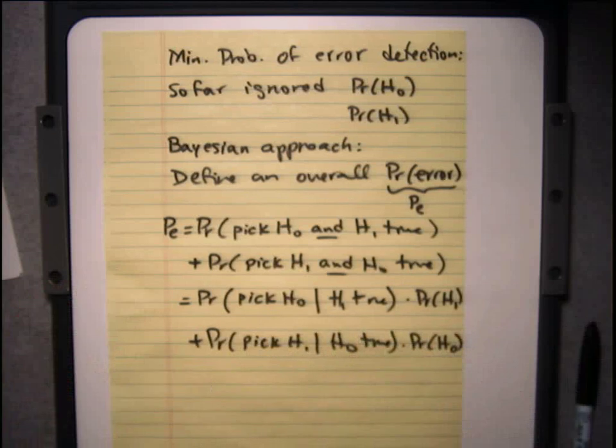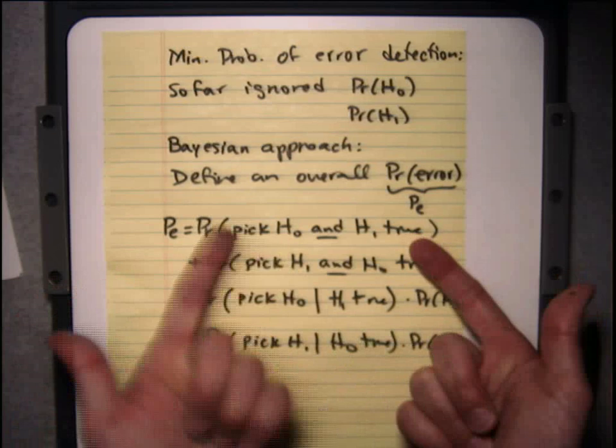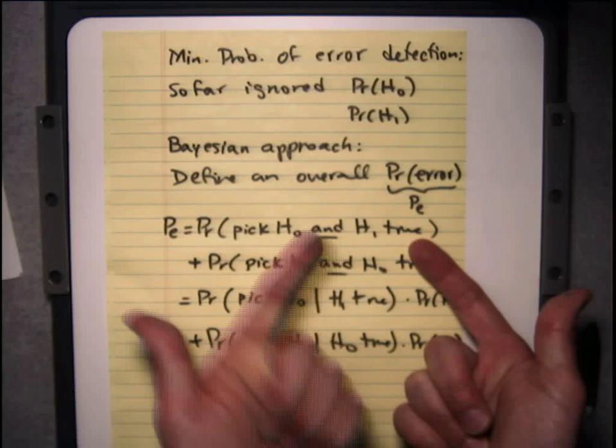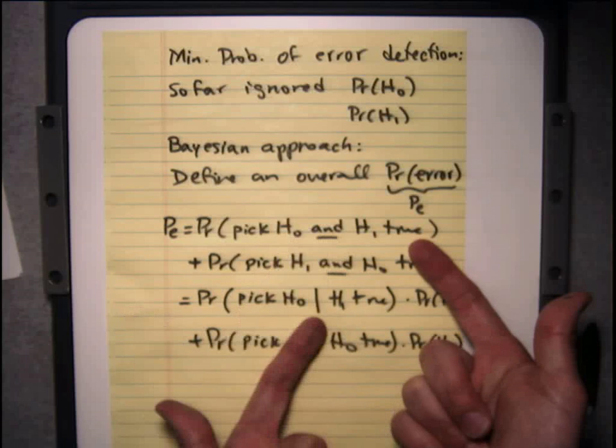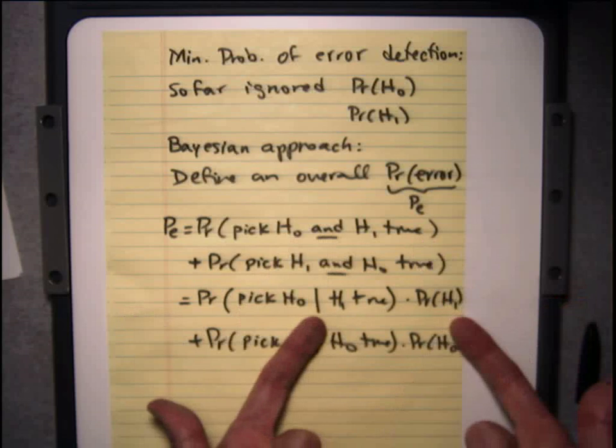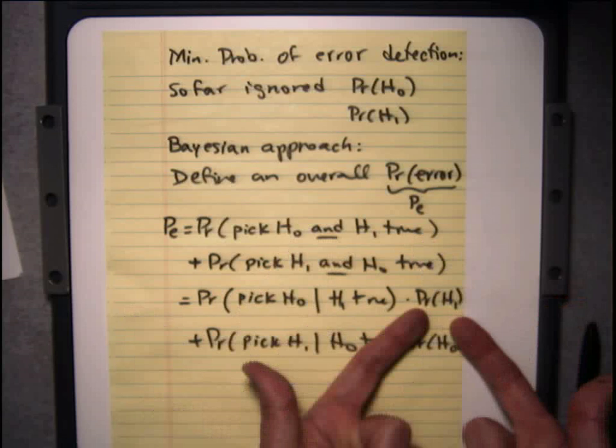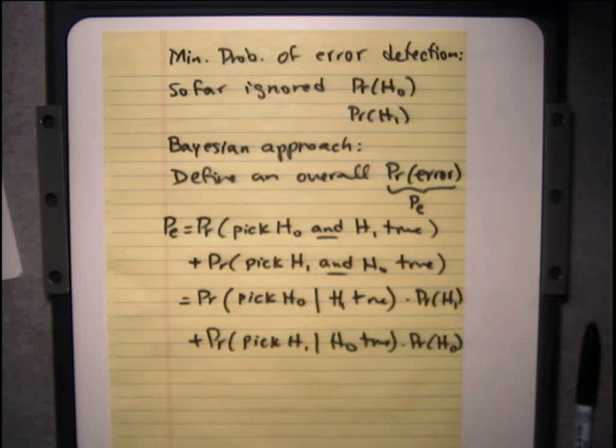So these are AND statements. I change that to a conditional statement, and then I have to multiply it by the prior probability of this one being true or the other one being true.